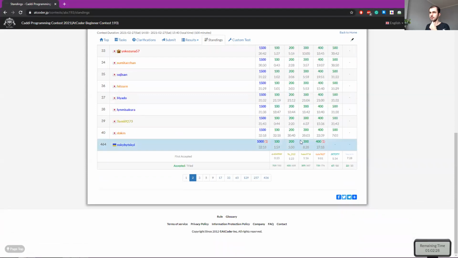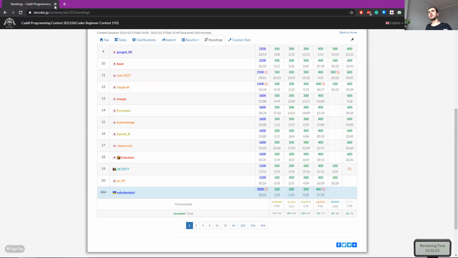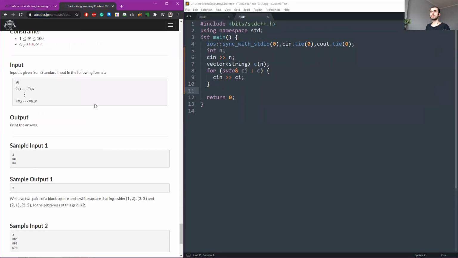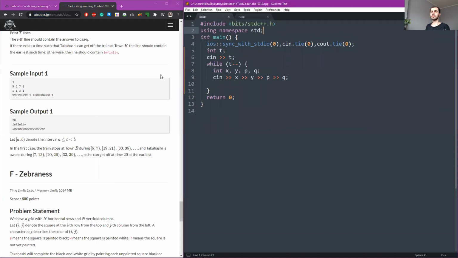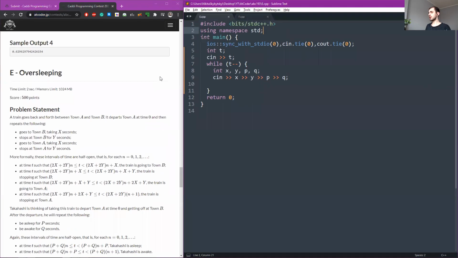Really should not have made this wrong submission. A lot of people actually solved E, so I should think about it as well. It looks harder than the previous one, I must say. Hopefully we can still pull it off.